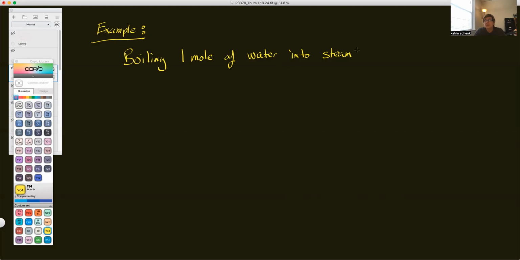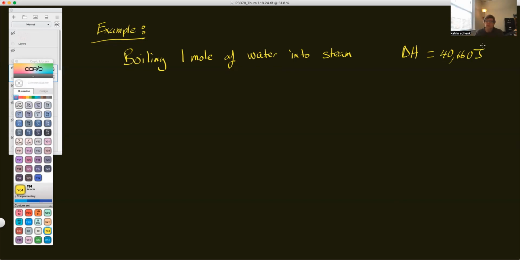You start with a little bit of water and you boil it into steam, you're going to have a much bigger volume of steam than you did of the original water. Okay. We can look up the enthalpy of this process. And so we can say this is actually 40,660 joules, okay? And it's positive because heat's got to go into this process.